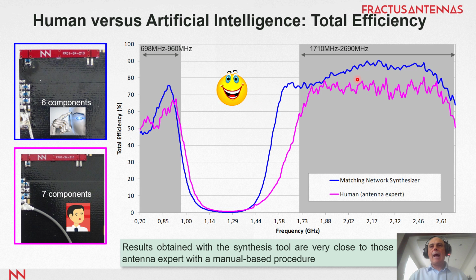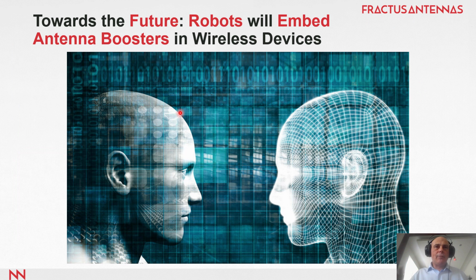It's much better. So this is a very powerful method to design IoT devices embedding antenna boosters. So perhaps in the future, robots can embed antenna boosters in IoT devices, so perhaps we have time to do other sophisticated and fashionable things as engineers.